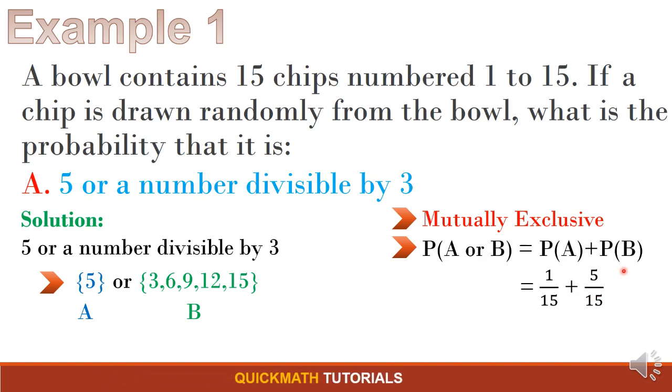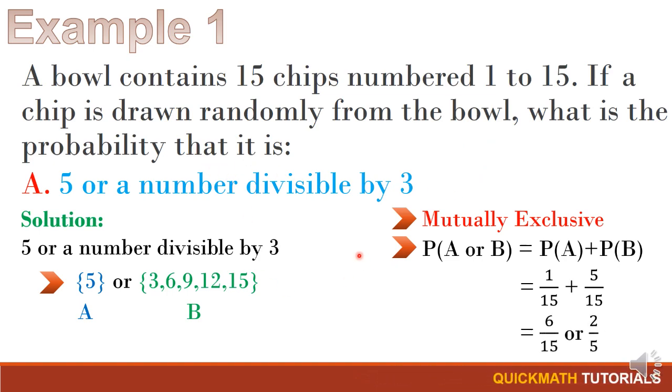Plus the probability of B, we have 5 over 15. 5 because we have 5 elements in the event B: 3, 6, 9, 12, 15, or 1, 2, 3, 4, 5. So we have 5 elements over 15, again because we have 15 chips in the bowl.